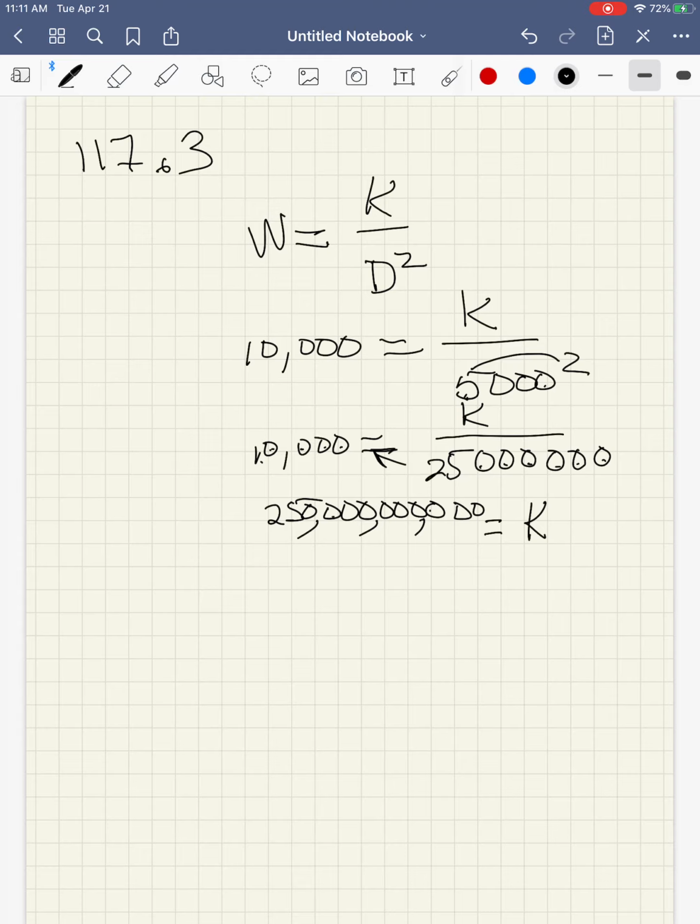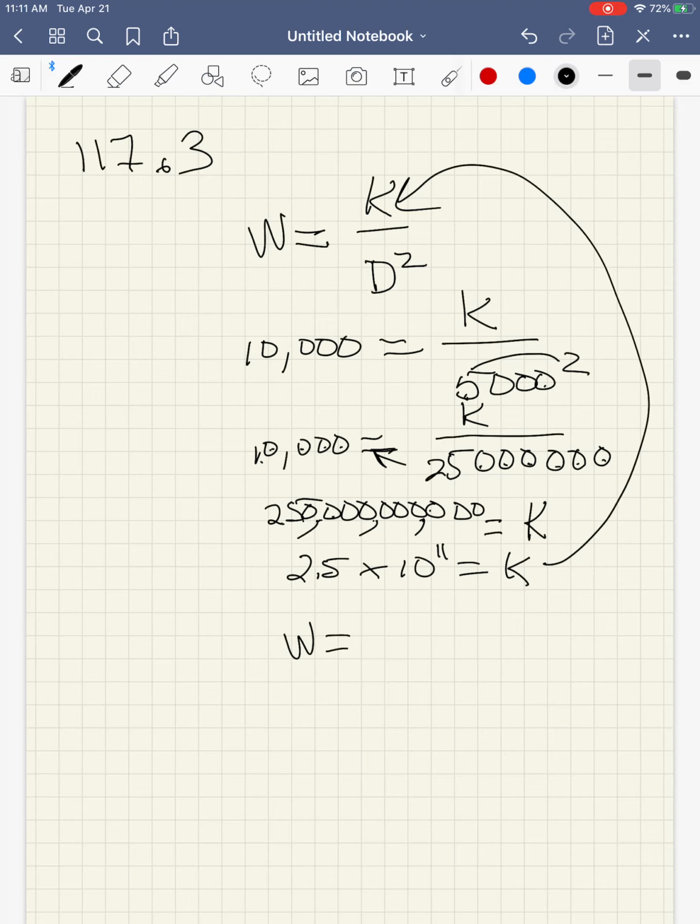All right, now we can put that back in, and it might be easier just to go ahead and write this in scientific notation rather than put all those zeros. So that's 2.5 times 10 to the 11th is equal to K. So I can take that and put it right here.